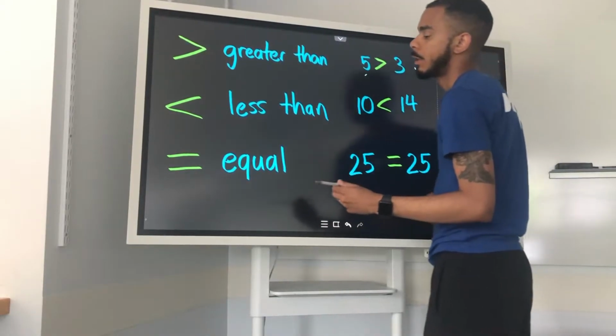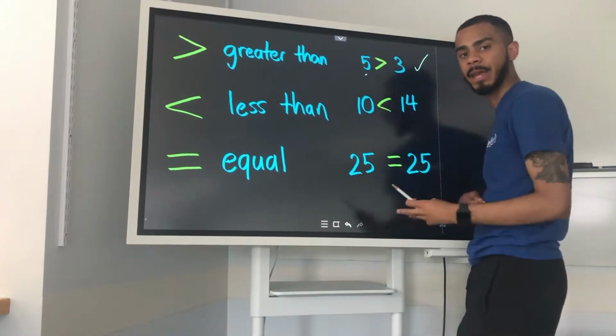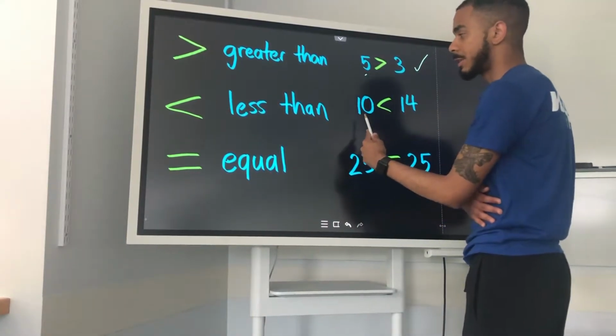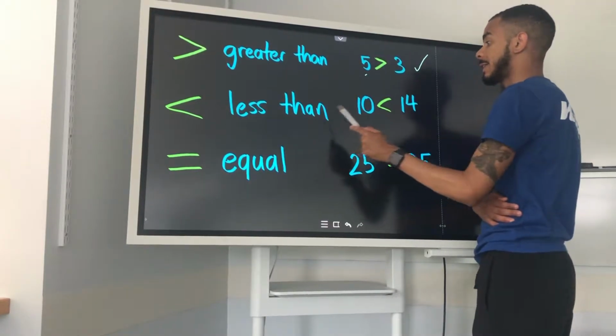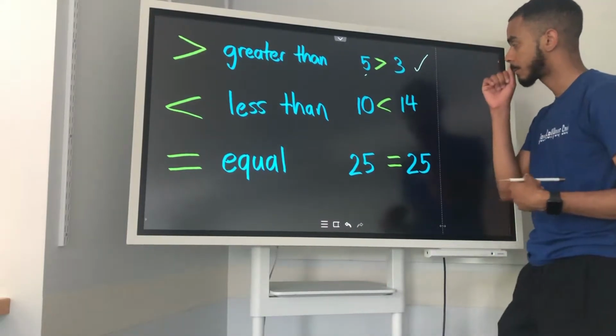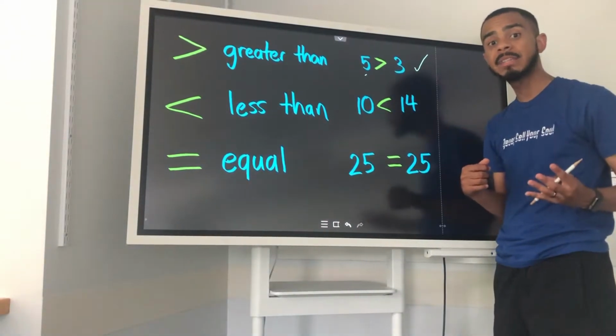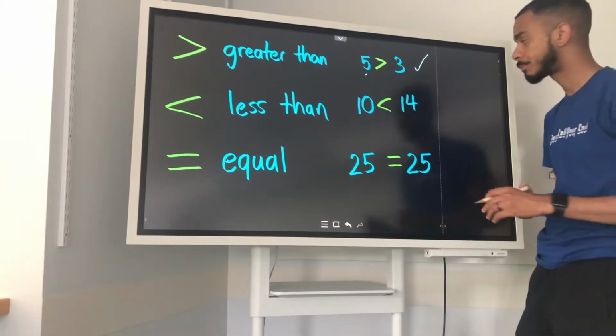Check. Let's look at the less than symbol. This symbol means less than. So let's read this number sentence from left to right. It says 10 is less than, because that symbol means less than, 14. 10 is really less than 14. So this is a true statement.